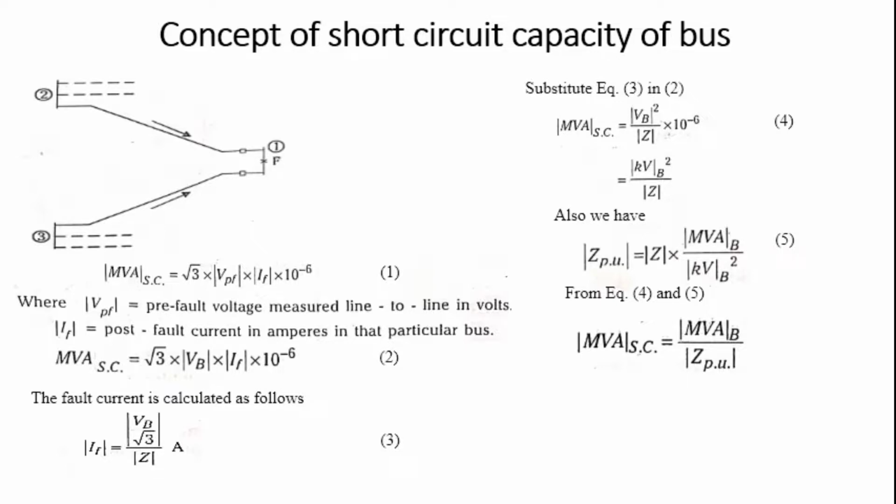Hence it is logical to rate the breaker in terms of the short circuit capacity, which accounts for both the pre-fault voltage and the post-fault current rather than just the short circuit current. This equation is very important, and we are going to use it for many calculations of the short circuit value.